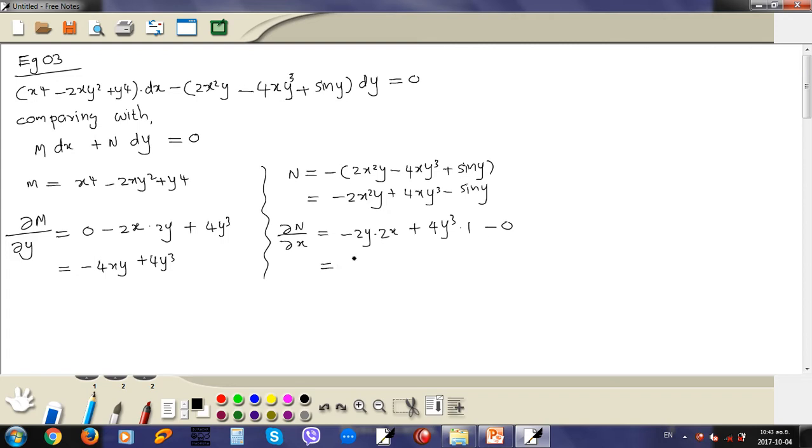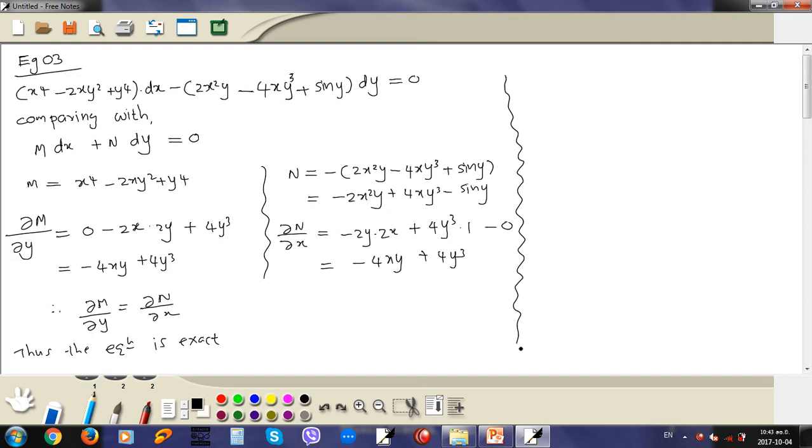So it comes as −4xy + 4y³. Therefore ∂M/∂y equals ∂N/∂x. Thus the equation is exact.